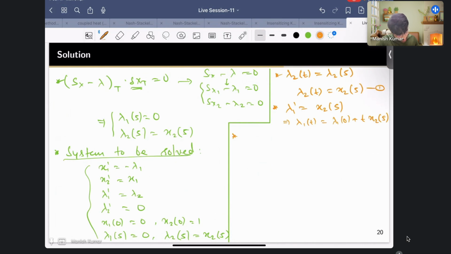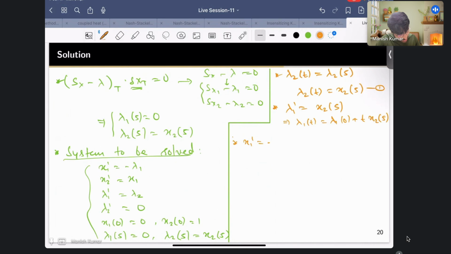Now the third equation, let us try to solve x1 prime. Lambda 1 at 0 is not known, so no worry. Anyway, the right hand side is a function of time. To get x1, I will have to integrate minus lambda 1.